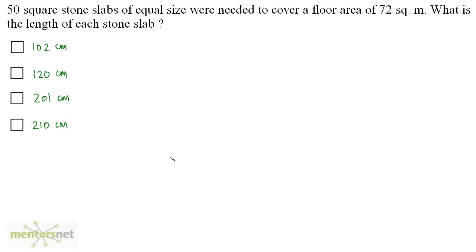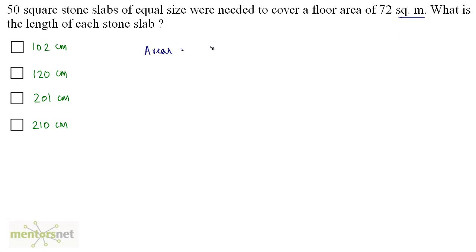50 square stone slabs of equal size were needed to cover a floor area of 72 square meters. What is the length of each stone slab? Now you have been given the area in square meters and the answers are in centimeters. So why don't we convert this area into square centimeter?